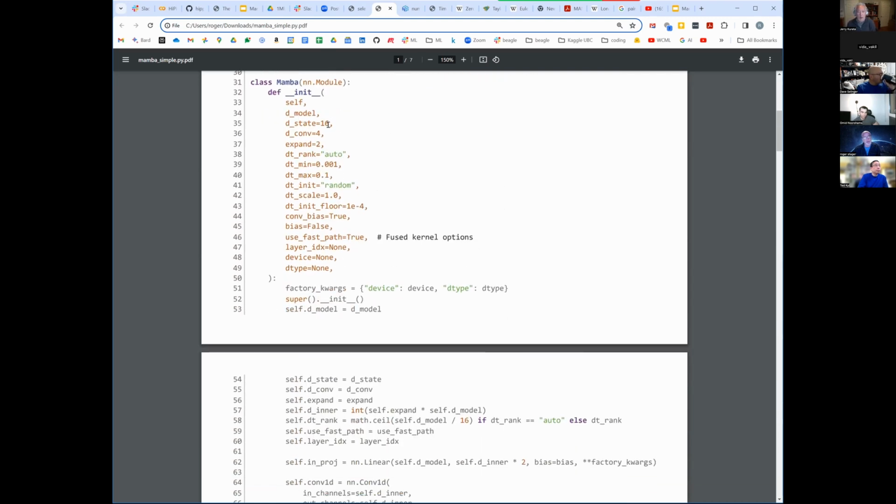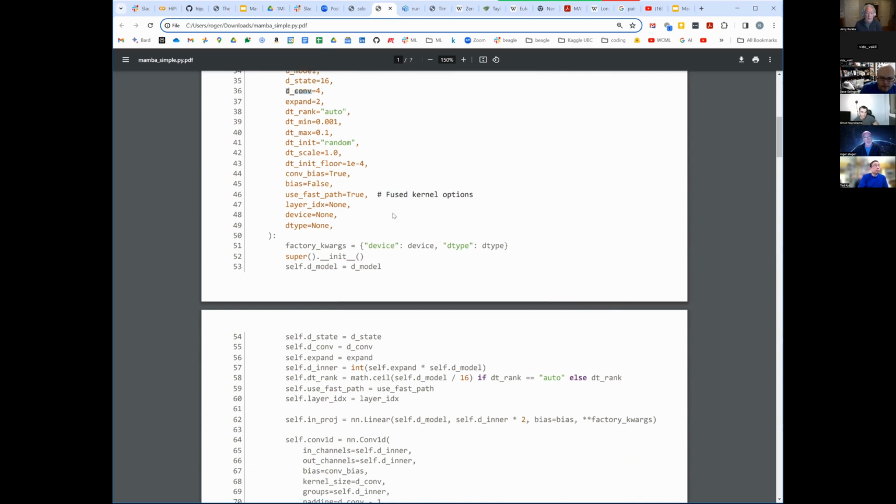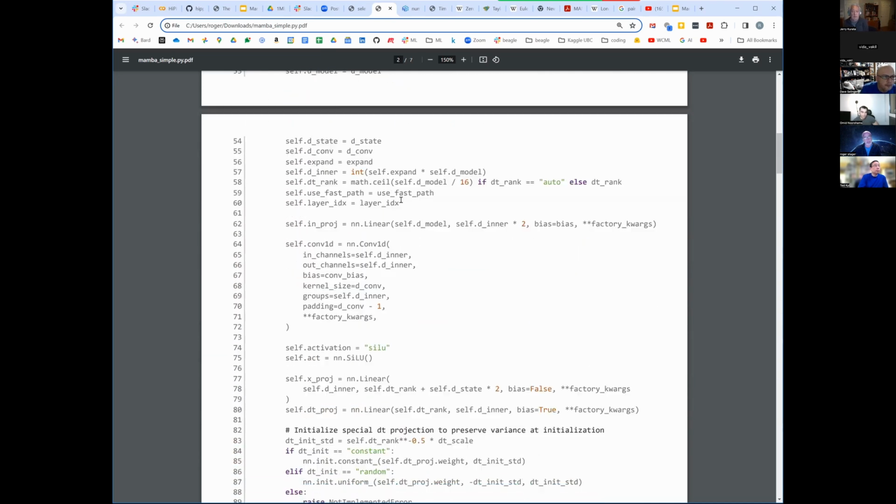They have D state, the model as one of the inputs, the expansion factor, the conv is how wide that time series 1D convolution is. We can see that the inner is the model expanded by some number. So I guess that's down in those original projection models.